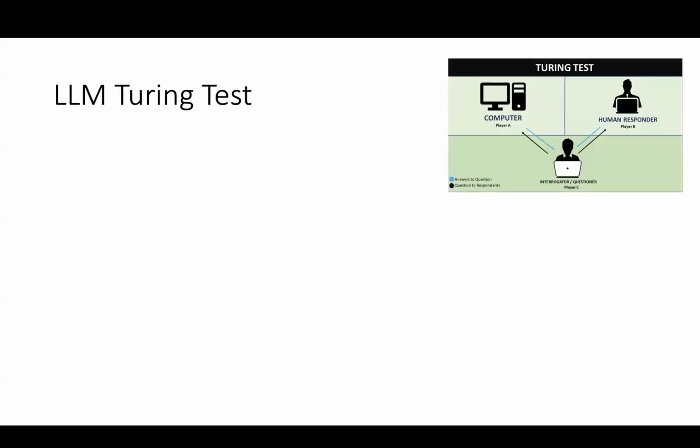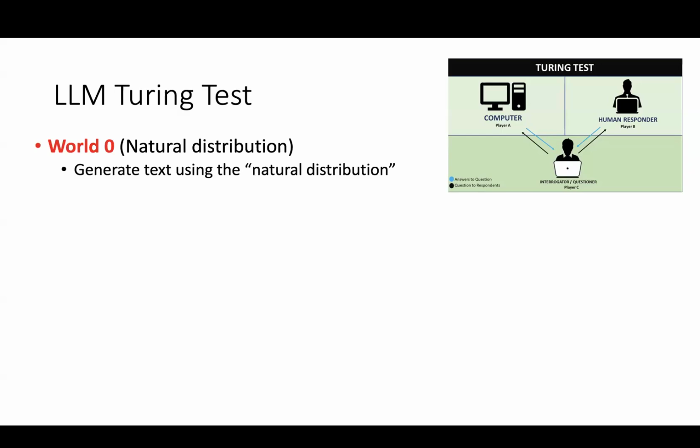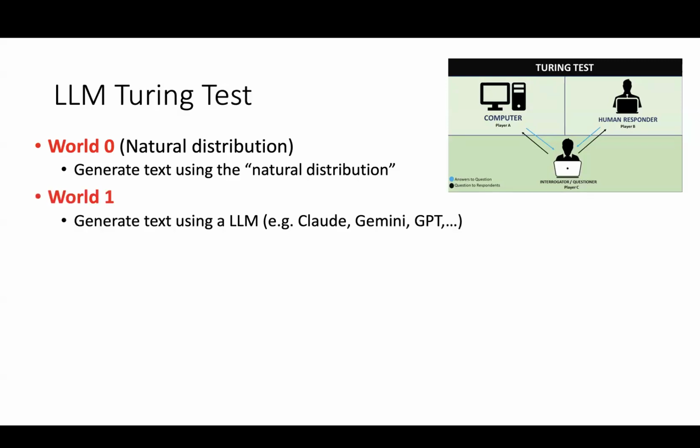You could have a setting where there is an interrogator in world 0 talking to the natural distribution, so it's a human person they're talking with, and in world 1 they're talking to text generated by an LLM, and they're trying to distinguish which of the two sources they're talking to. This is what one can imagine as a Turing test, where the goal is to distinguish, and a watermark should perhaps satisfy this.